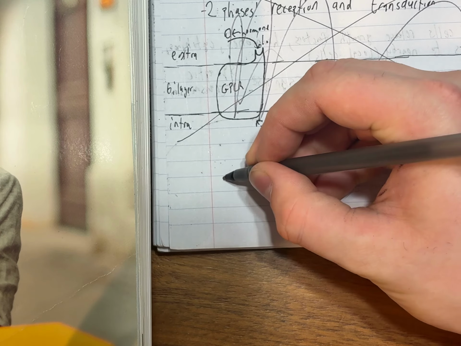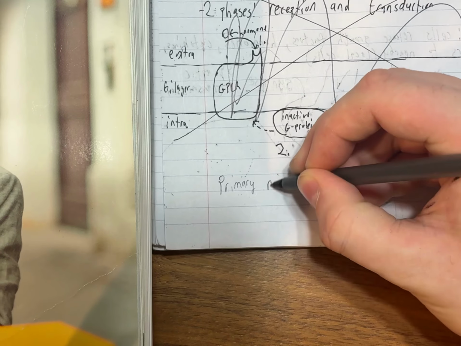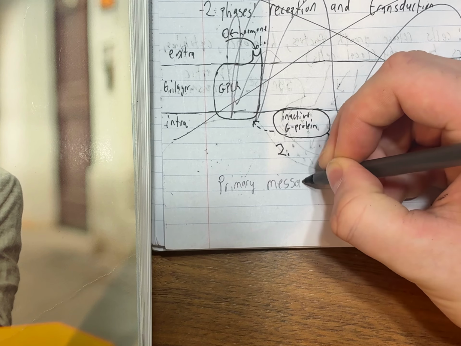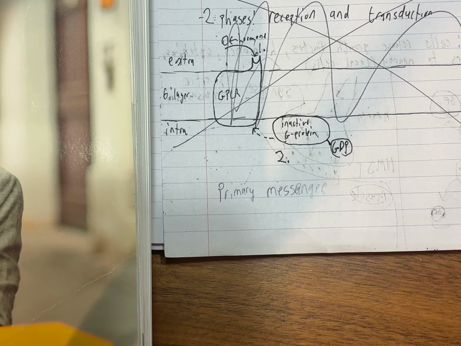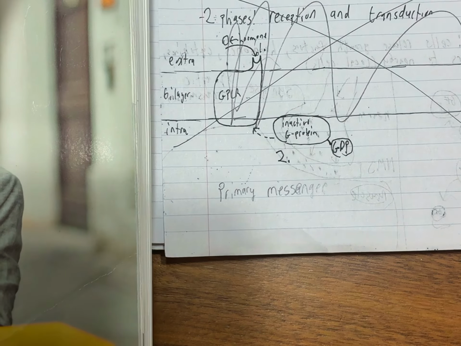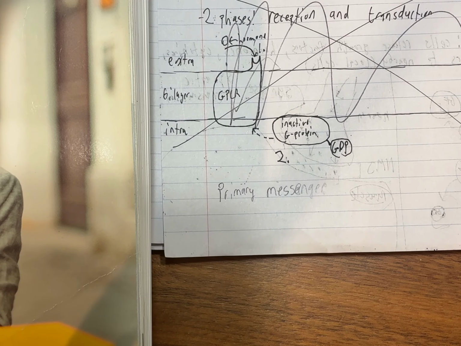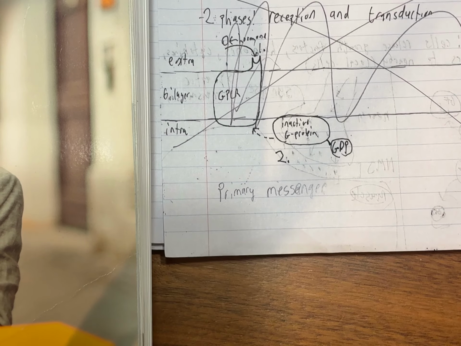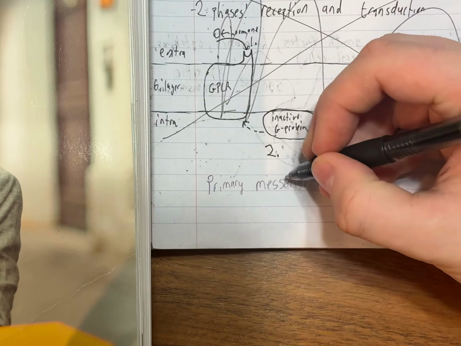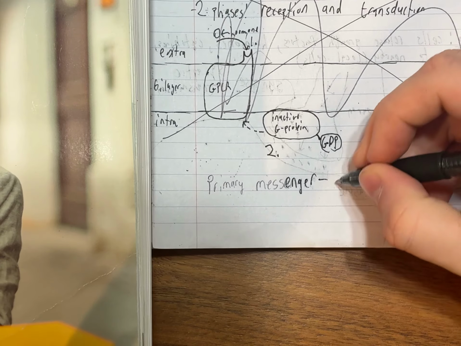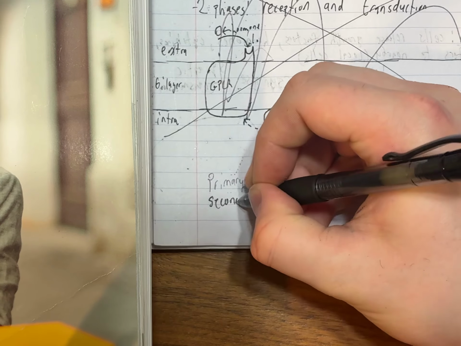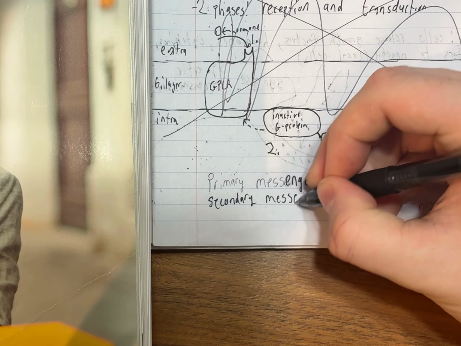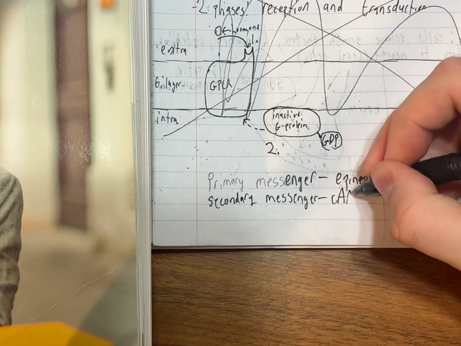Our primary messenger was epinephrine. And then we also had a really important secondary messenger. And that secondary messenger was cyclic AMP.